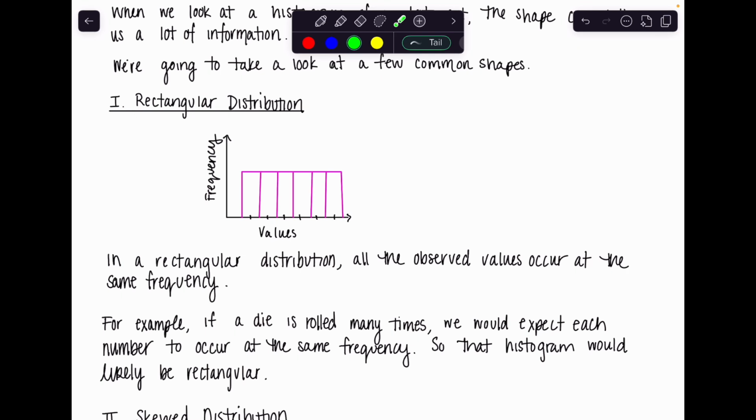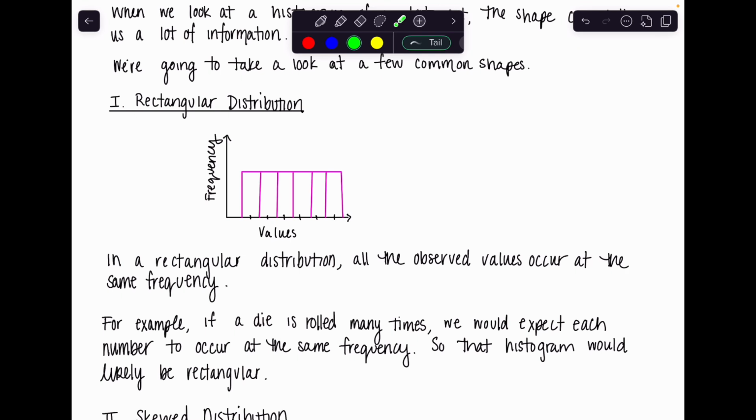Now, of course, it's not going to be perfect though, because you could have an uneven amount. Say you rolled the die 24 times. You would expect everything to happen 4 times each. You'd get 4 1s, 4 2s, 4 3s, 4 4s, 4 5s, 4 6s, because that would add up to 24. However, in practice, it could be that you got 12 6s.